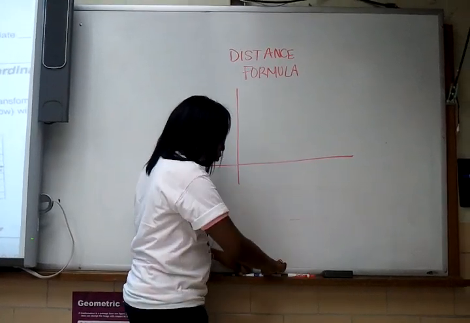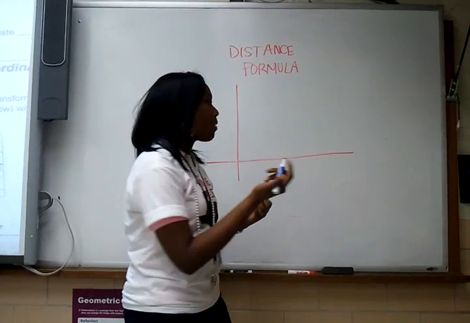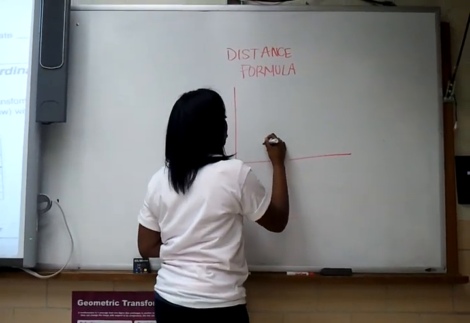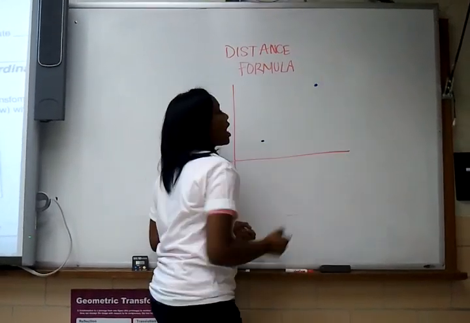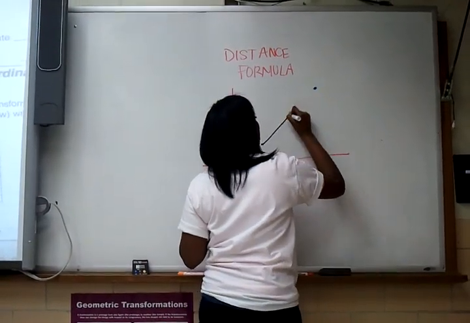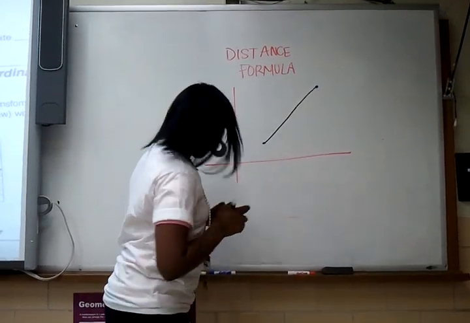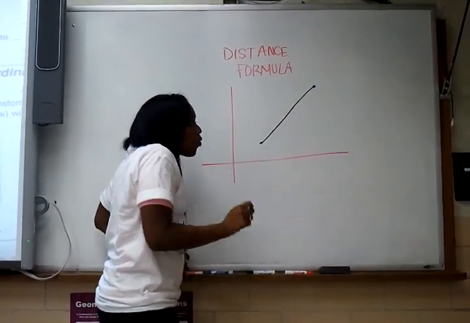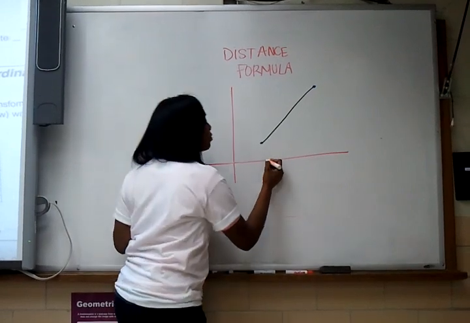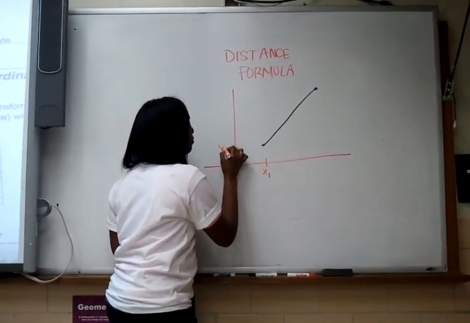So, when we're talking about distance, we're talking about the distance between 2 points, okay? Let's say we get this point and this point. And we want to know how long the line segment is, or what's the distance from this point to this point. So first things first, we need to know where these points are. This point is at x1, y1.